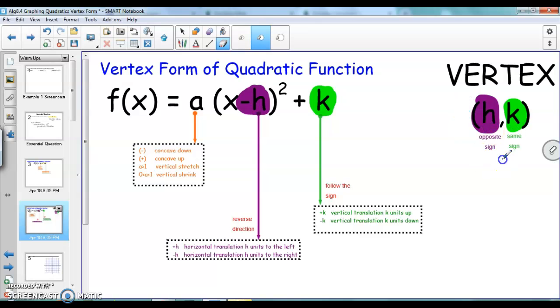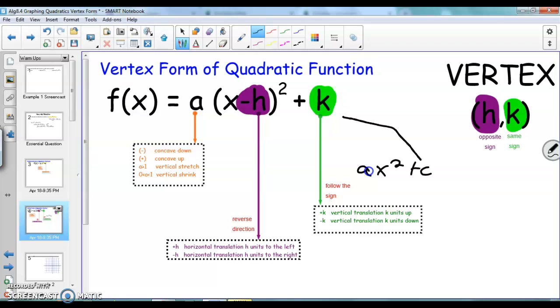Aside from giving you the vertex value, all the transformations that we learned about the constant a still hold true. Everything that we learned about the constant c, if you remember last time, I wrote down a x squared plus c, right? So that c is the same as the k value here.